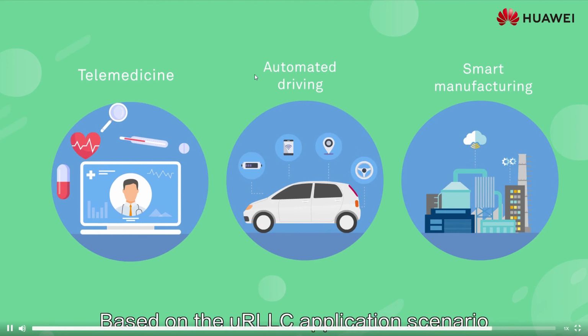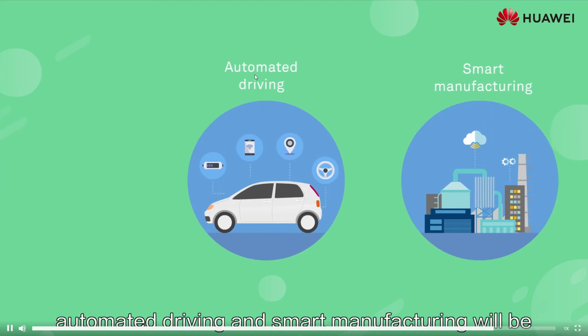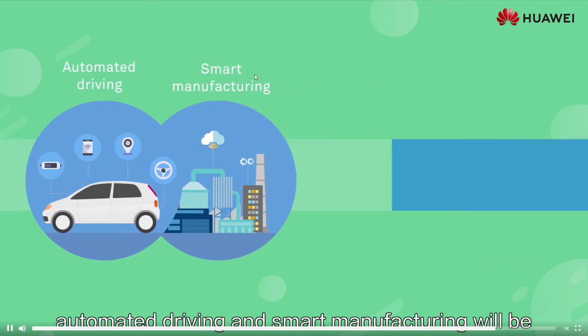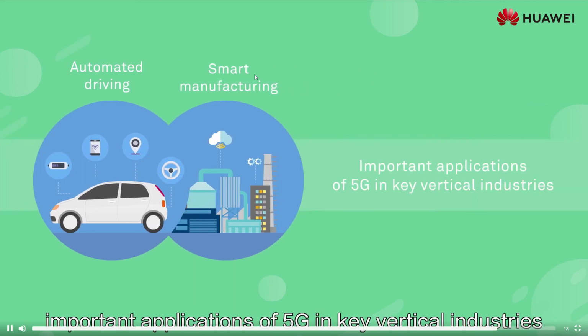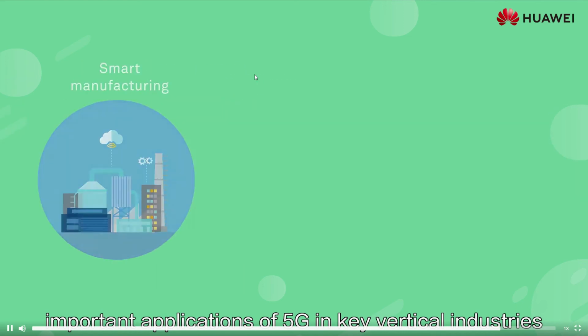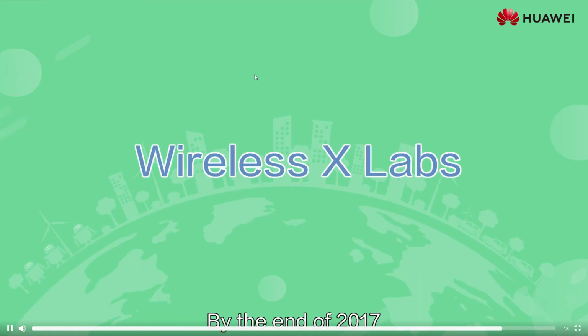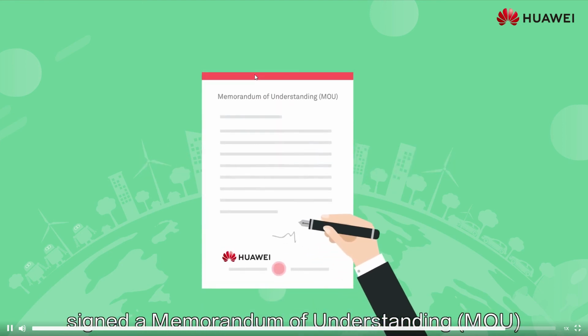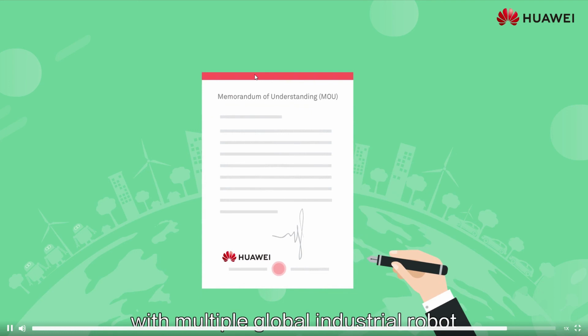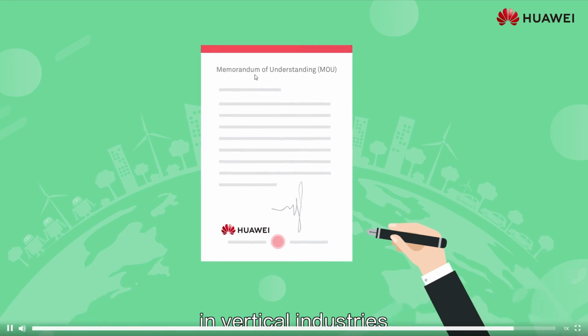Based on the URLLC application scenario, automated driving and smart manufacturing will be important applications of 5G in key vertical industries. By the end of 2017, Huawei Wireless X Labs signed a Memorandum of Understanding, or MOU, with multiple global industrial robot and automobile companies to jointly promote the development of 5G in vertical industries.